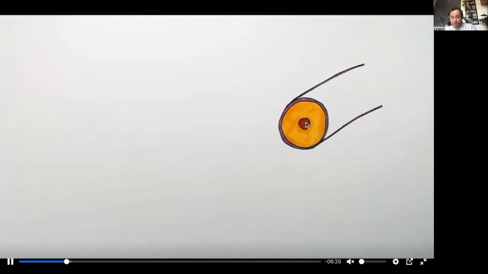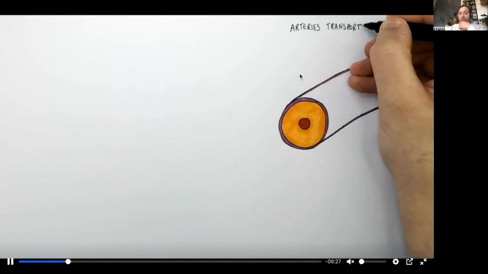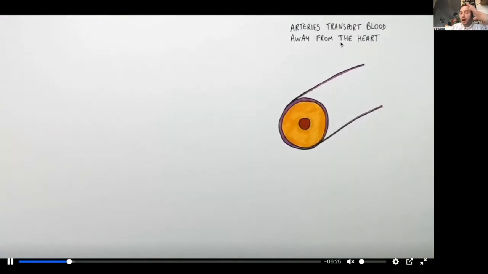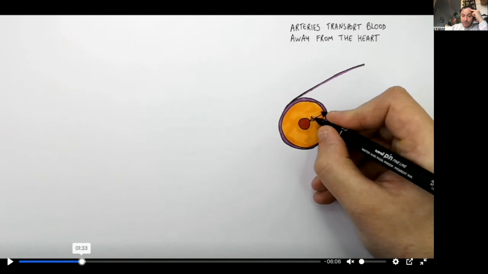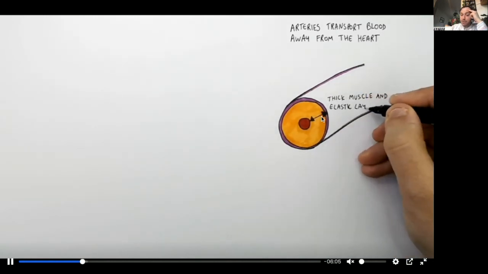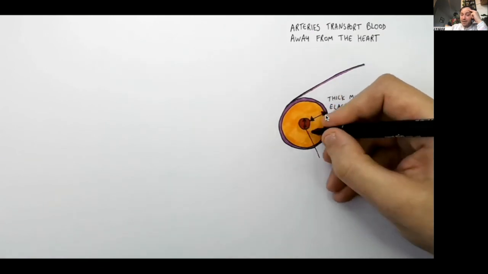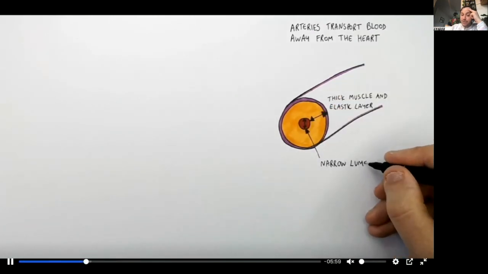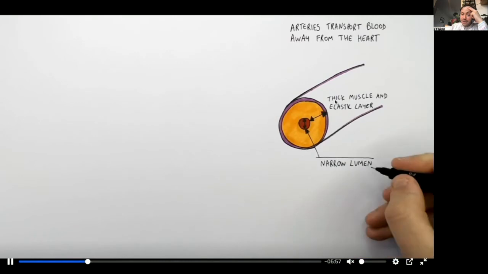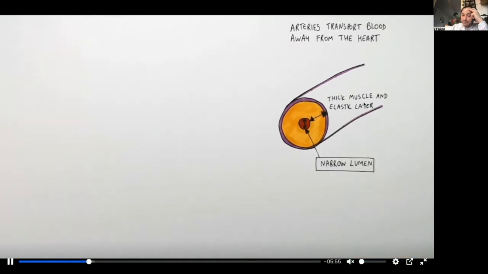It transports blood away from the heart, A for away. But it's got a thick muscle and elastic layer. So it's got a narrow lumen and a thick muscle layer.